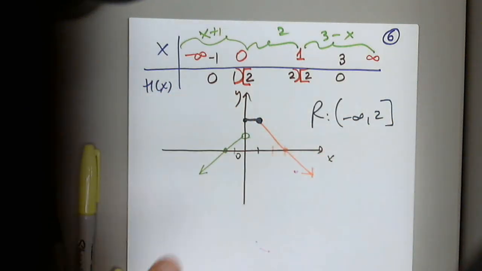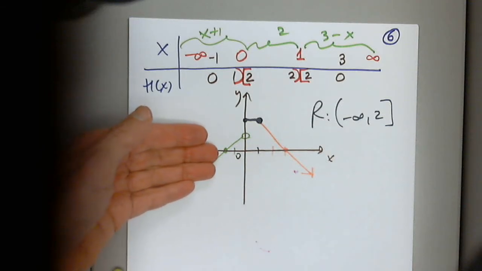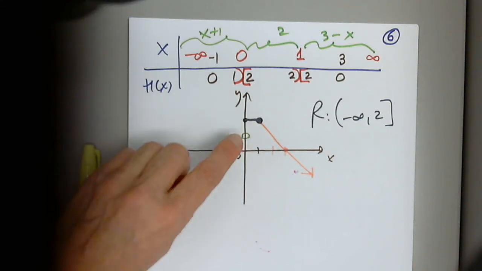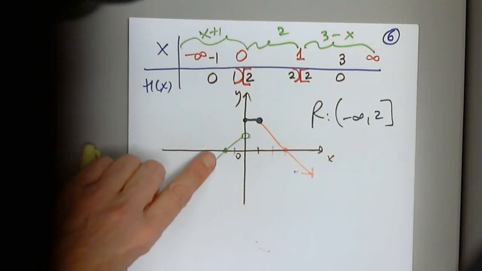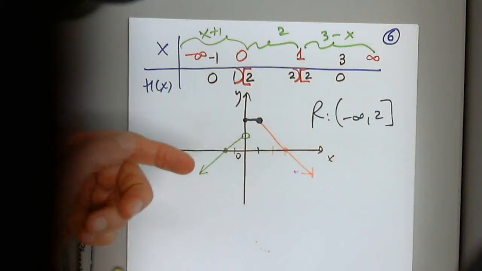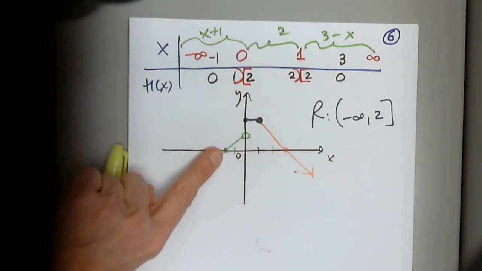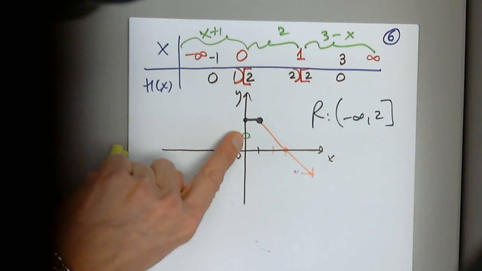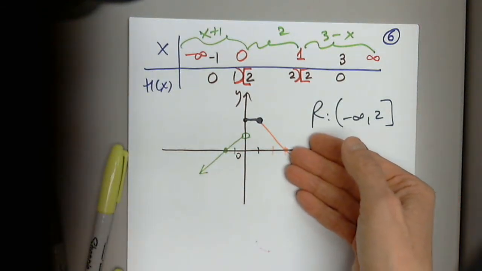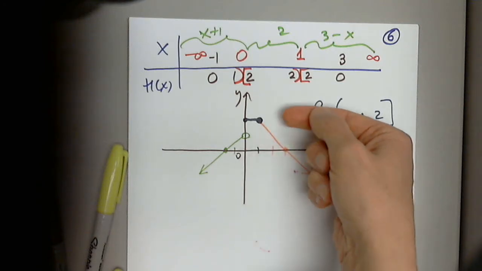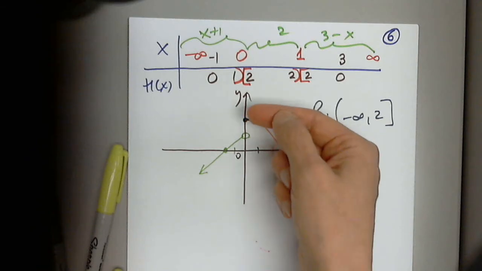What about here at 0? As x gets closer and closer to 0 from the left, the function values approach 1, right? We see that? At the same time, as x gets closer and closer to 0 from the other side, the function values get closer and closer to 2.